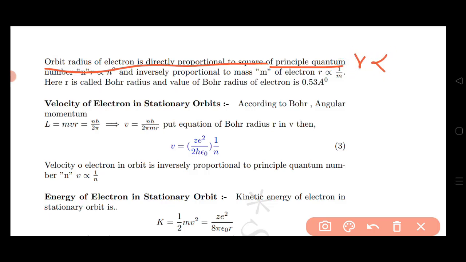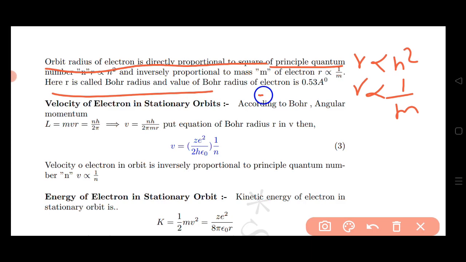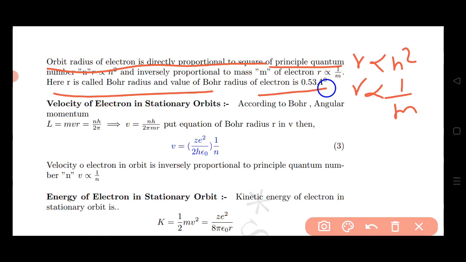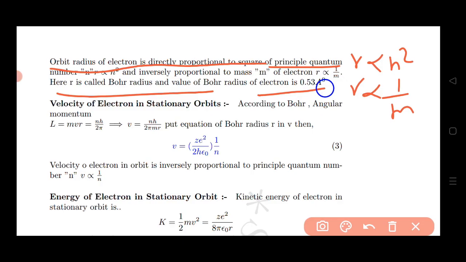R is directly proportional to n square, and second, R is inversely proportional to the mass m, and this is also called the Bohr radius, which is equal to 0.53 angstrom for electron.